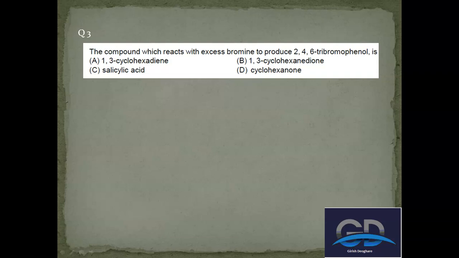Next, the compound which reacts with excess bromine to produce 2,4,6 tribromophenol is. Now we know that when we talk about, say, salicylic acid, with OH and COOH, and we have a strong electrophile, for example bromine in water, it is going to produce the positive bromonium ion.